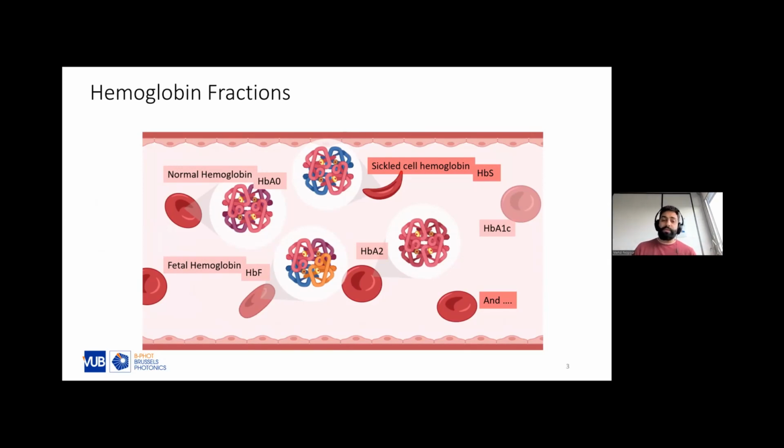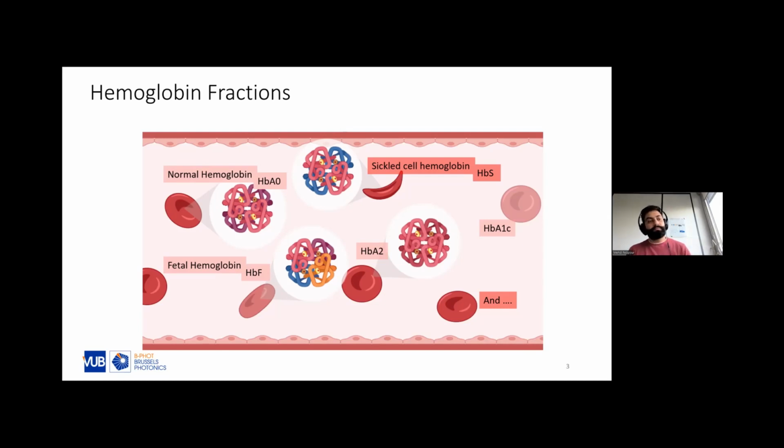And other than these, there are also types of hemoglobin that are not normal. They don't exist in healthy blood. For example, one of them is called sickle cell hemoglobin, or HbS. And there are many other types that might be problematic, different from what we normally have.